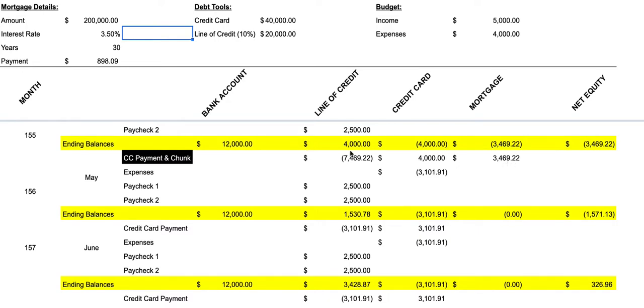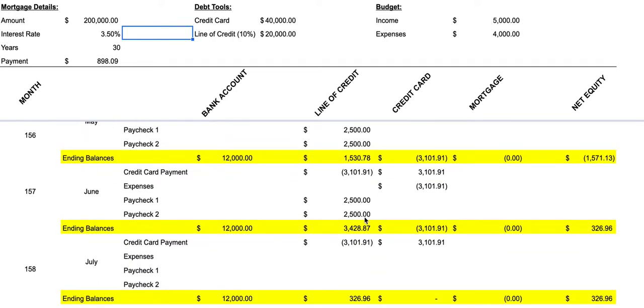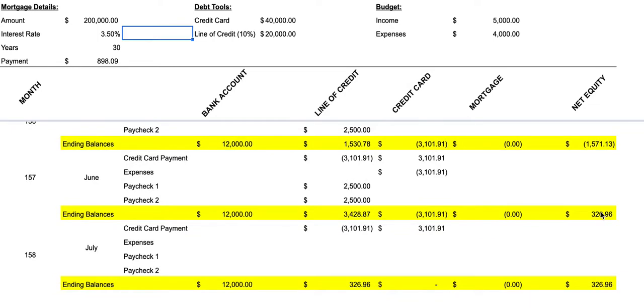So we just had to build the line of credit back up to this amount, right? And so right here, this was the end. Once you see the net equity, and you see the line of credit build back up to $3,428, that's it.